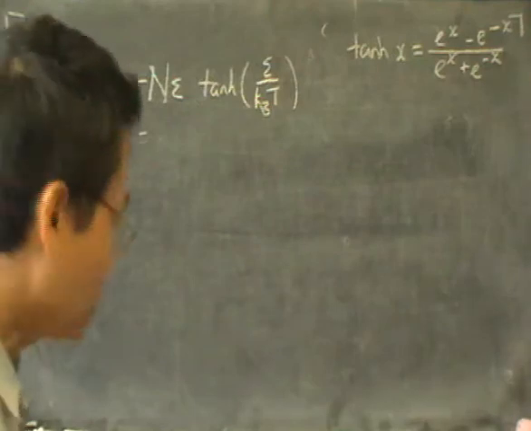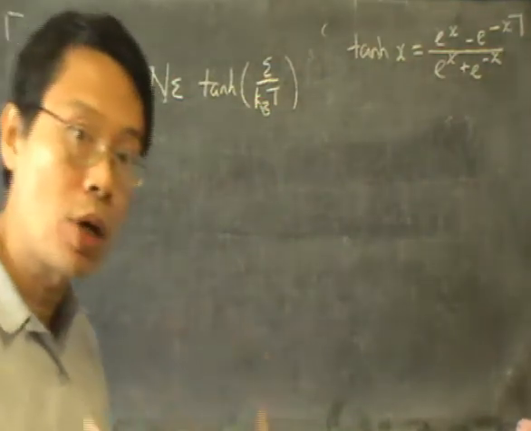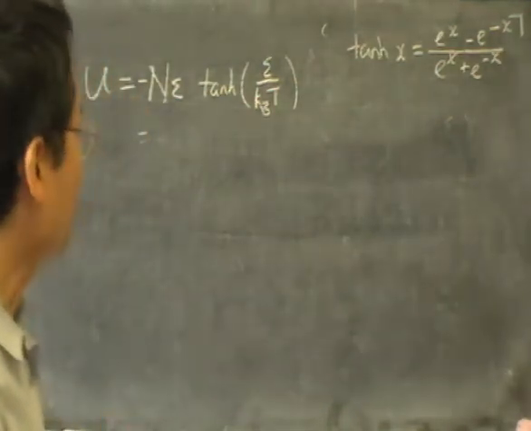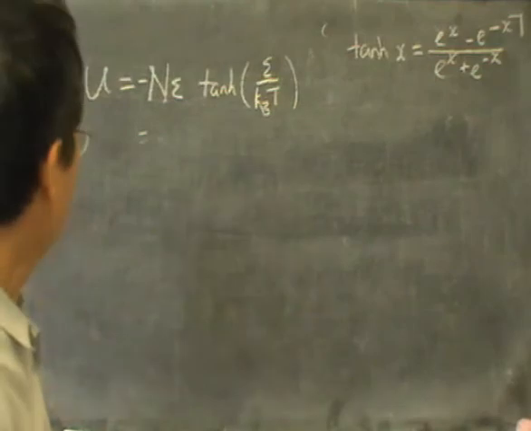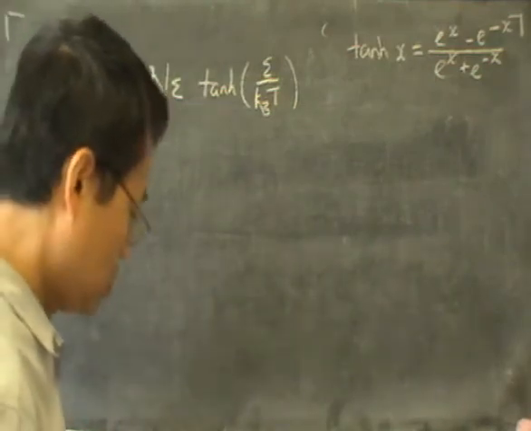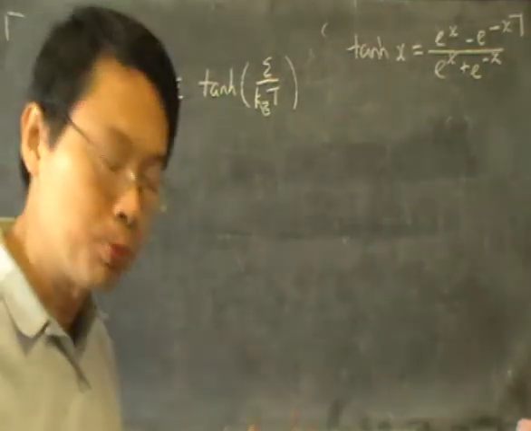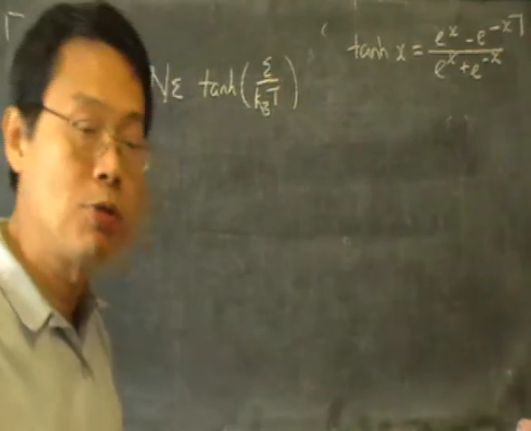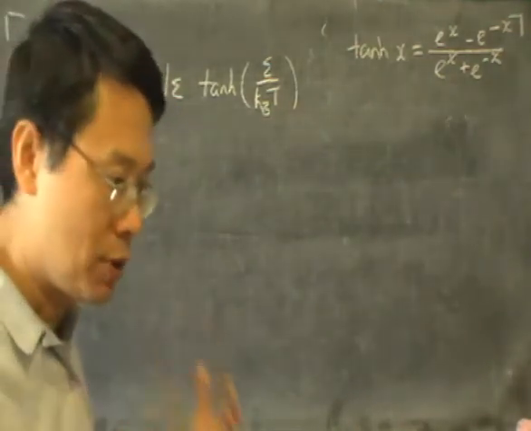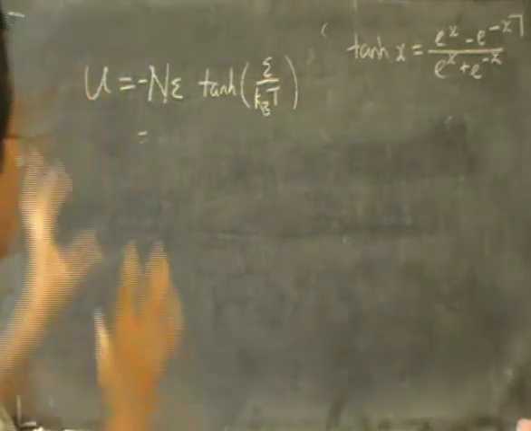Instead, I'll try to sketch some graphs to see how the total energy, the heat capacity and also the entropy, these thermodynamic quantities, vary with temperature, so we can have a better understanding of the overall physics of this solid.